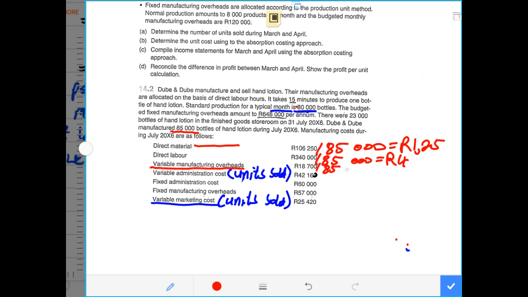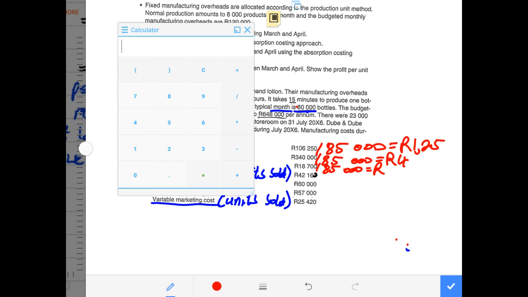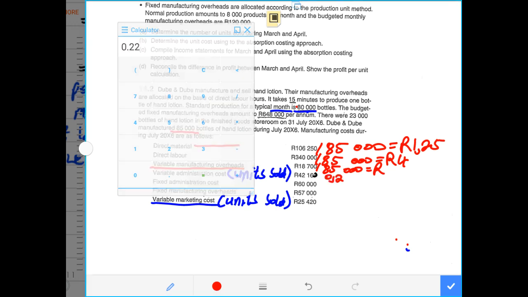We divide that by 85,000. 18,700 divided by 85,000 will give us 0.22 cents.